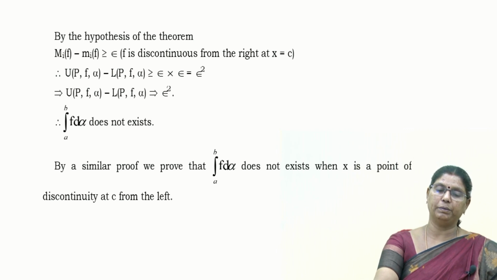We can write U(P, f, alpha) minus L(P, f, alpha) is greater than or equal to epsilon, and thus integral a to b f d alpha does not exist. By a similar proof, we can prove that integral a to b f d alpha does not exist when there is a point of discontinuity at c from the left.